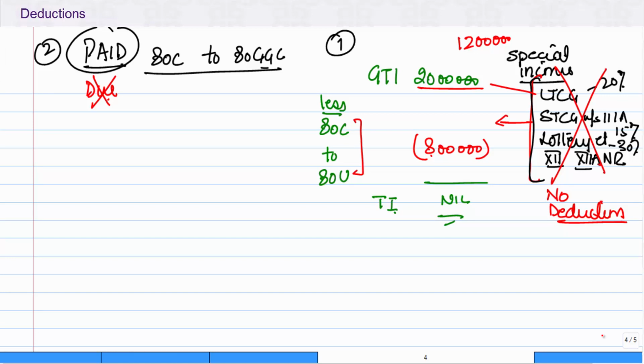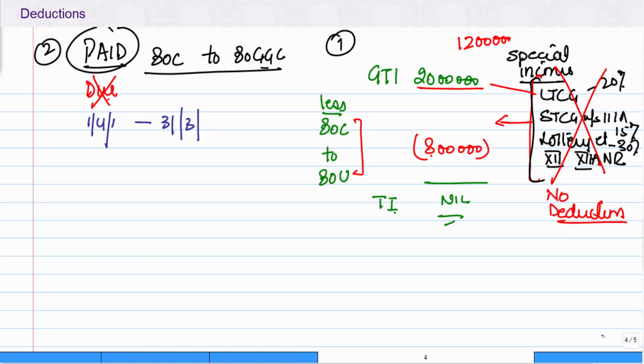Under business and profession, you have this method of accounting. But under business or profession, we also learned that there is a 43B, which allows you a deduction in the year of expenditure if you pay the money before the due date of return of that year. But that was under business and profession. Now, paid over here means between the previous year, end of the previous year.